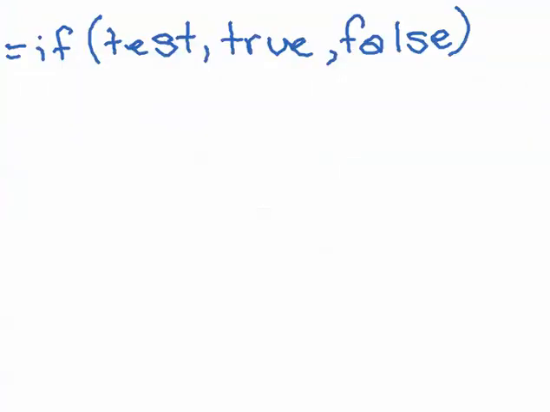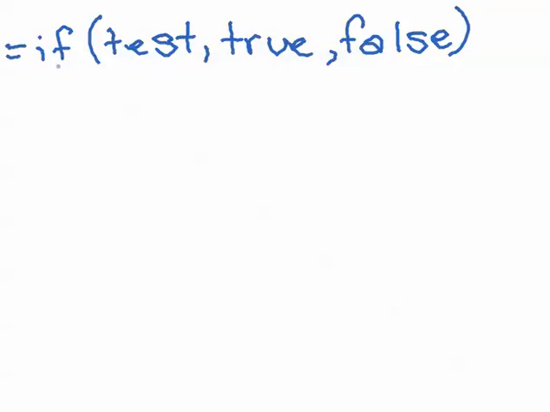Now we've got our basic syntax here of if the test is true, you get that. If it's false, it's that. We can manipulate this and do what's called nesting functions. Now I've created a whole section within this course on nesting functions because you can do so much more than what I'm going to show you.